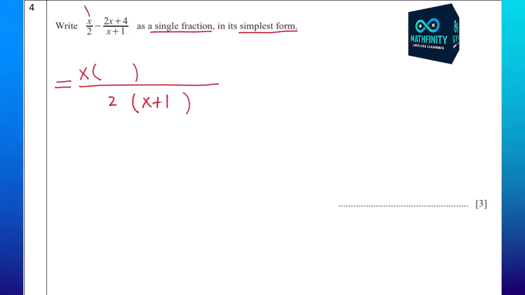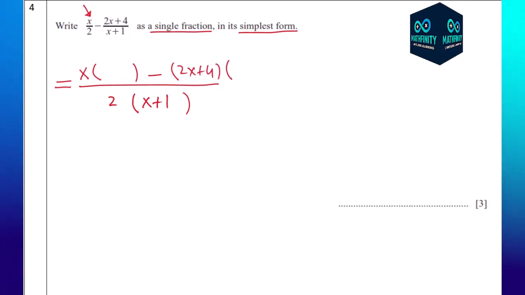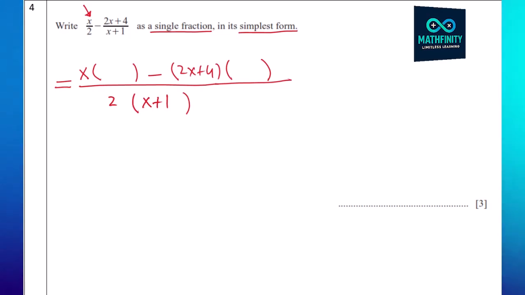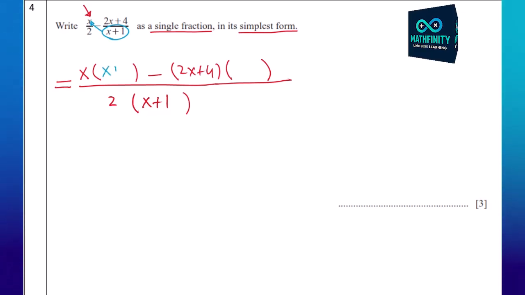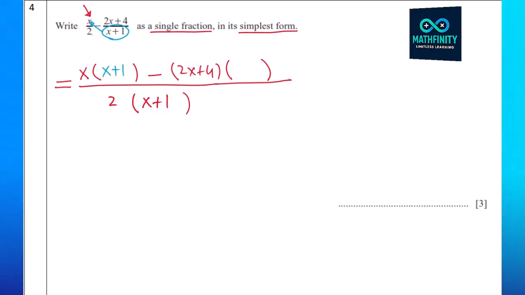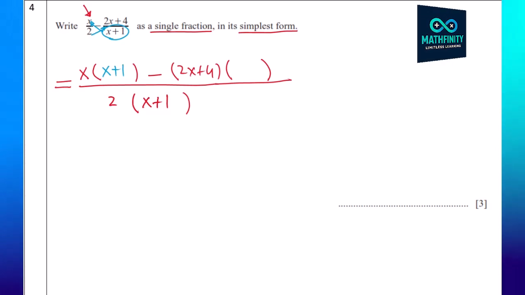Why x? Because look here, what is the numerator? x minus 2x plus 4, and in another bracket you can write this one. Now think what we have to write in the brackets. This thing you have to bring here. So we will write x plus 1, and this 2 you will shift to here.